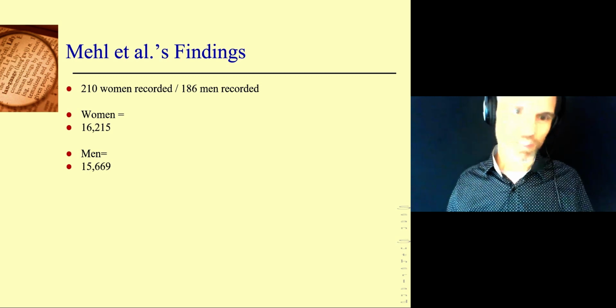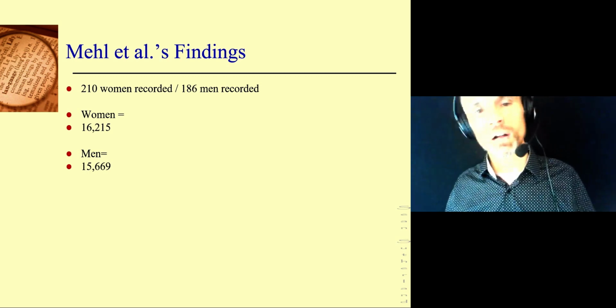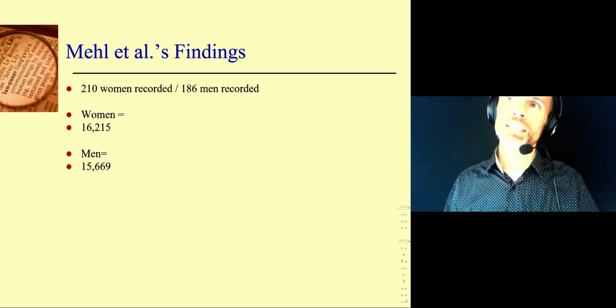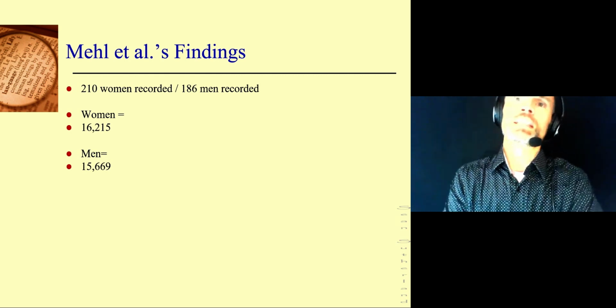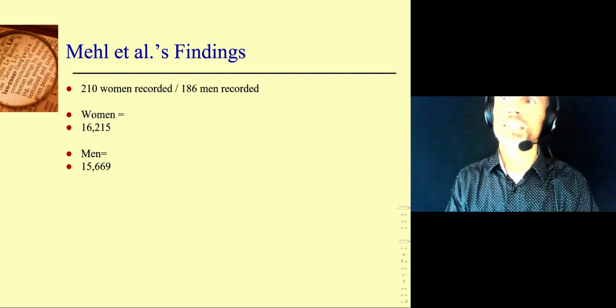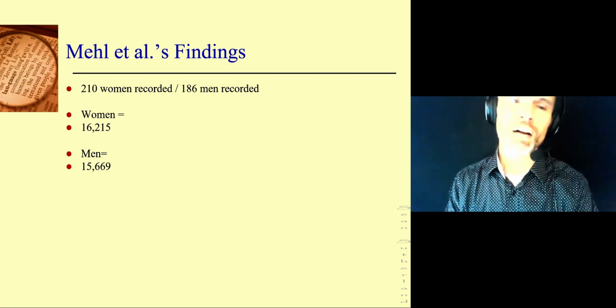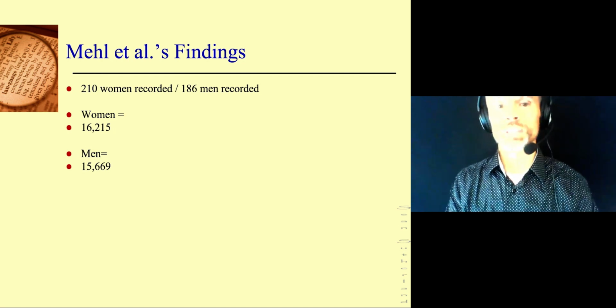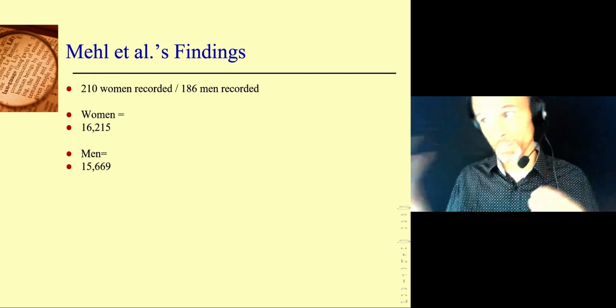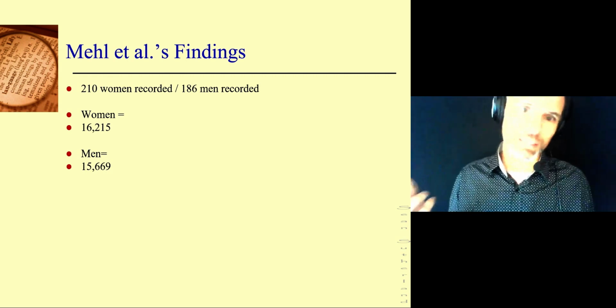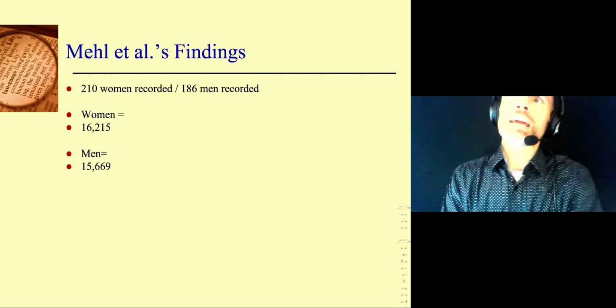If you calculate it as a percent difference, you'll see it's very small. If you're interested in statistics, or if you read the article, you'll see that it was not statistically significant. In short, that just means that the difference was so small and the variance between individual speakers was so great. Some of the men actually speak a lot and some of the men speak a little, and similarly for the women.